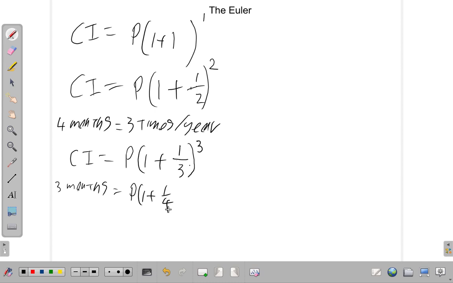So you get 1/4 of the rate of the interest to the power of 4. Because it will happen, for example, January, February, March, April, May, June, July, August, September, October, November, December, January again.